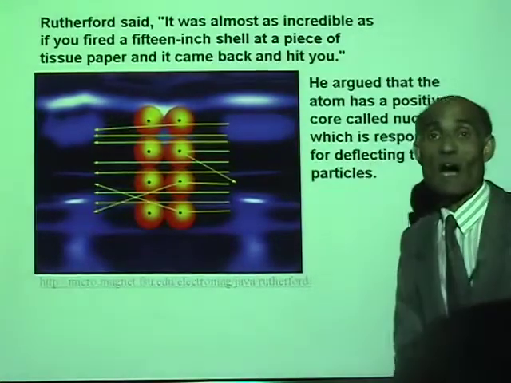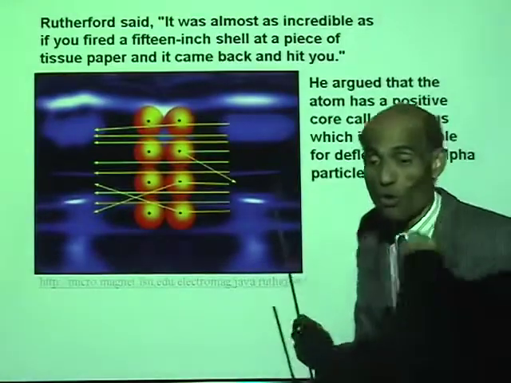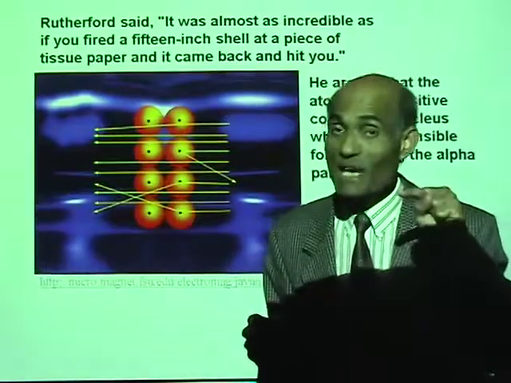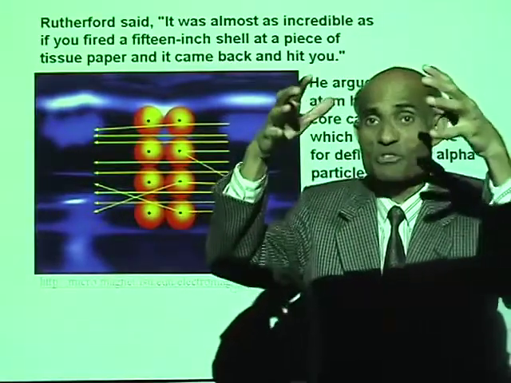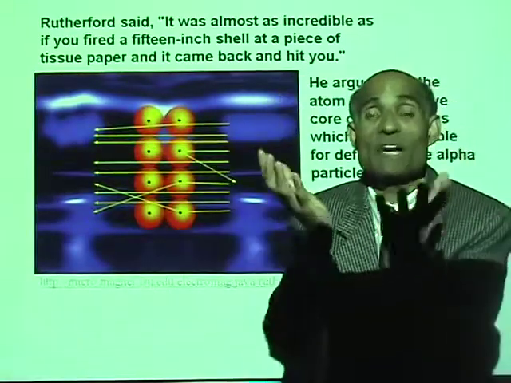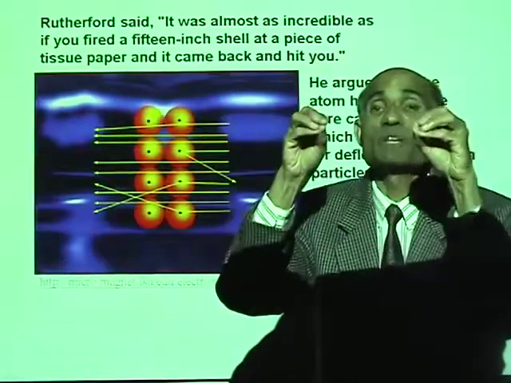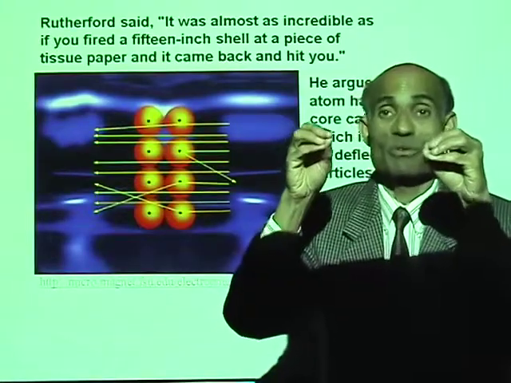Now, Rutherford argued that the atom has a positive core. Unlike what Thomson suggested, that the positive part is all distributed in a great mass and the negative electrons are distributed within it, Rutherford said, no, that is not possible.